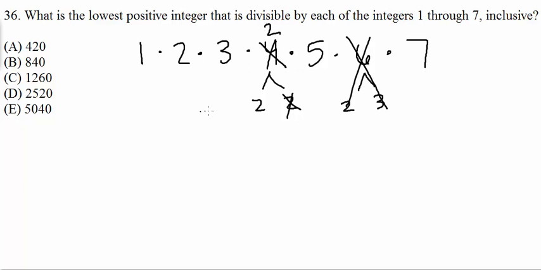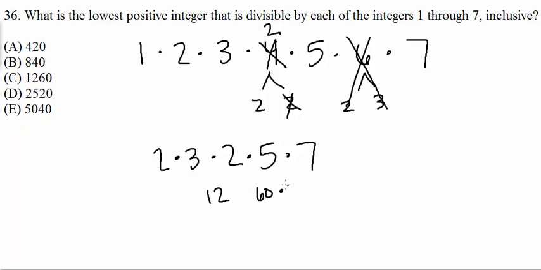So now what we have is, and we don't need to worry about the 1, 2 times 3 times 2 times 5 times 7. So 2 times 3 is 6, 6 times 2 is 12, 12 times 5 is 60, 60 times 7 is 420. And I knew that because 6 times 7 is 42, and then you can just add that 0 onto the end.